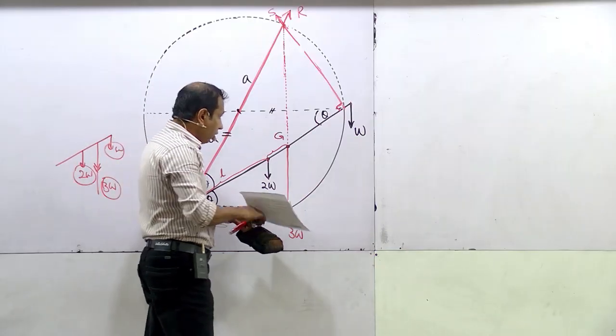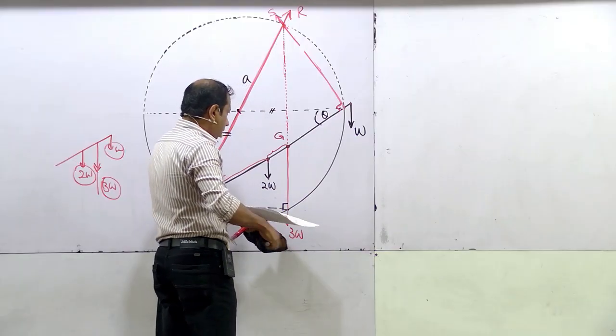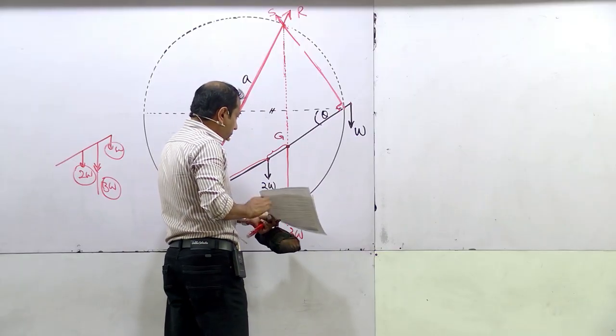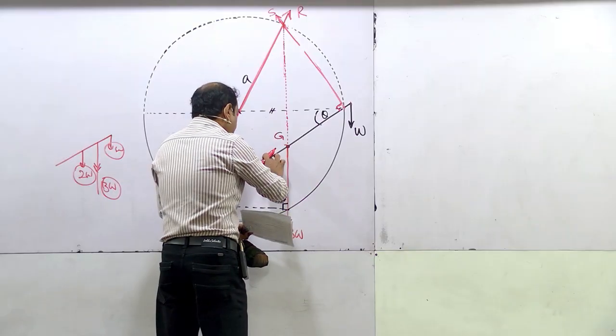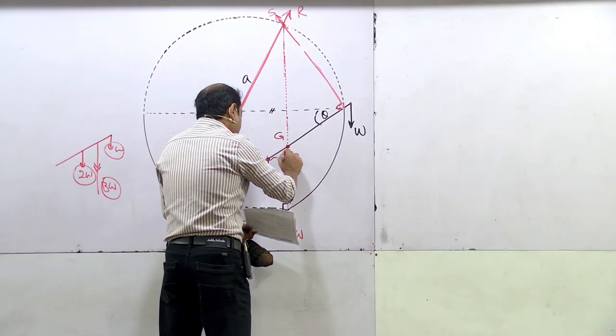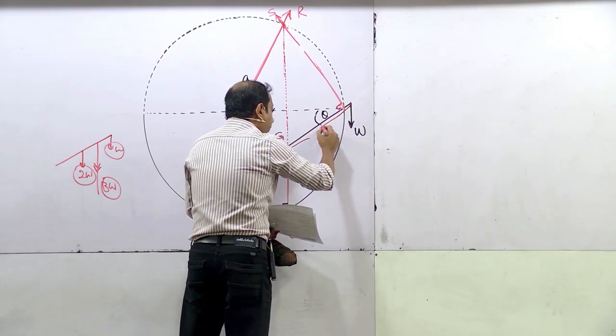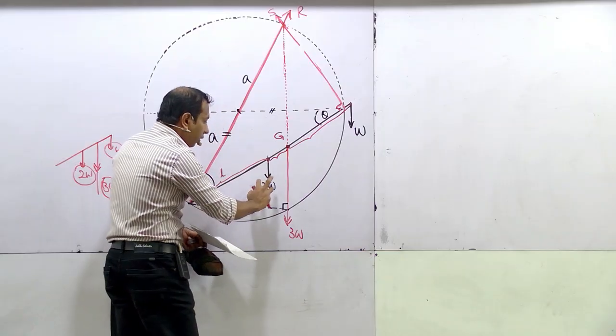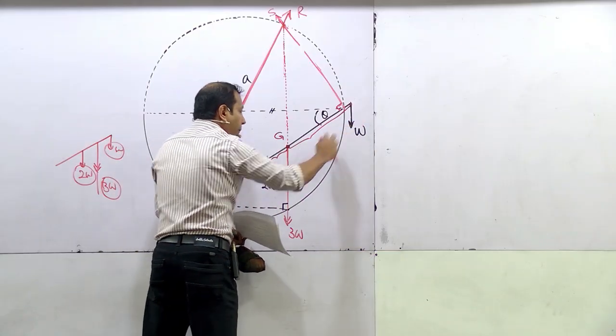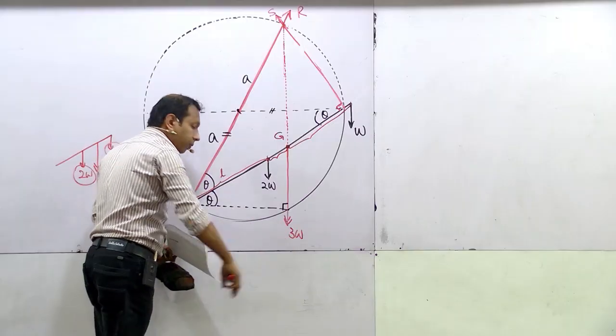Therefore, if I find the ratio of this length to this length, the resultant of this and this is this 3W.